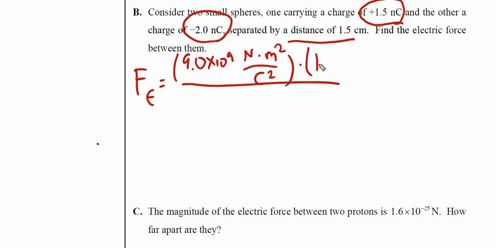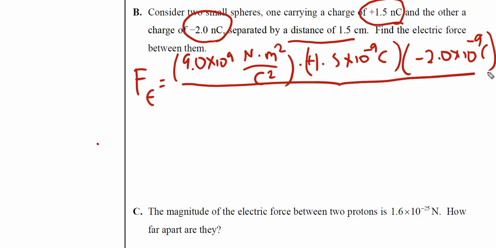We have the charges positive 1.5 times 10 to the negative 9 coulombs, and then negative 2.0 times 10 to the negative 9 coulombs, all over 1.5 times 10 to the negative 2 meters squared. Don't forget that square I did earlier on accident, or maybe not, just to make a point. Most students will forget that squared. Please be careful with that squared.